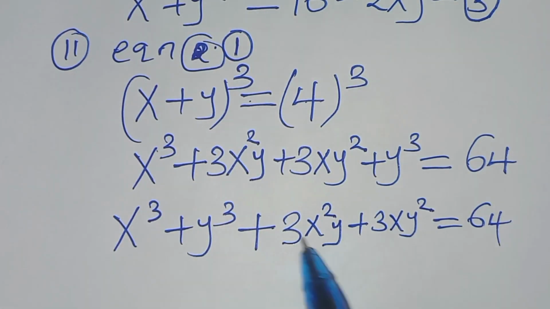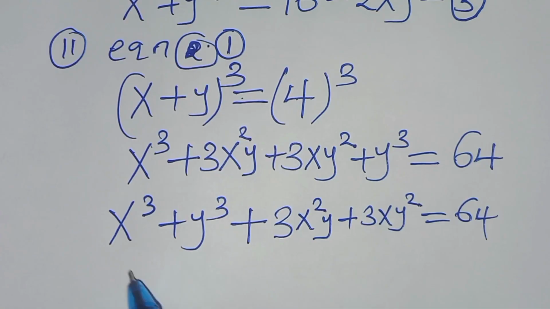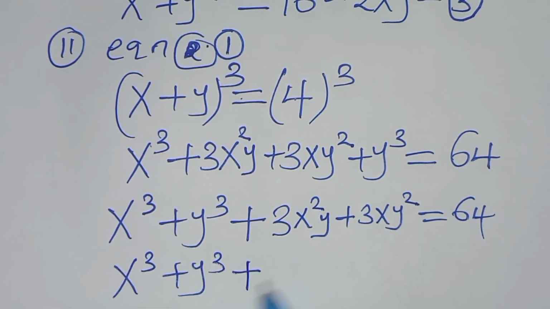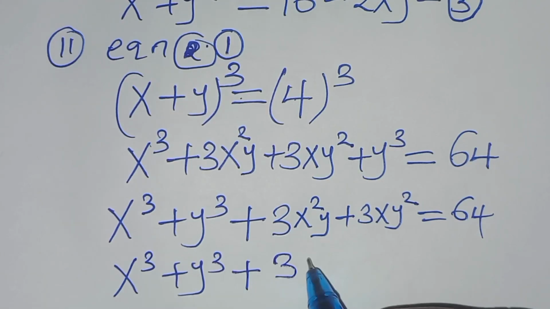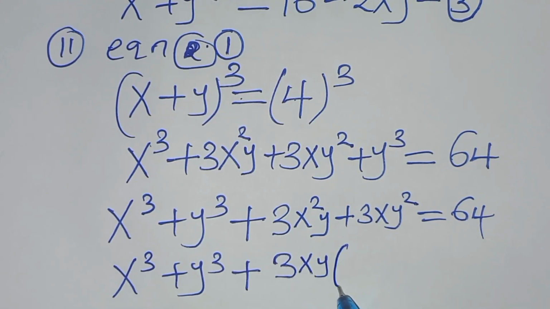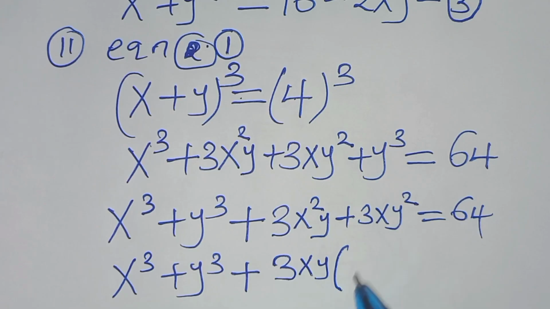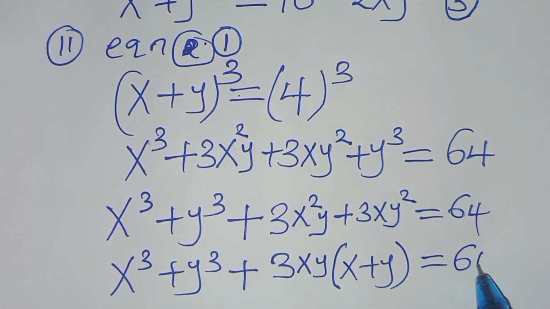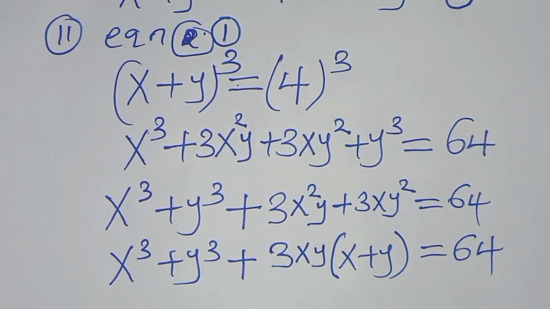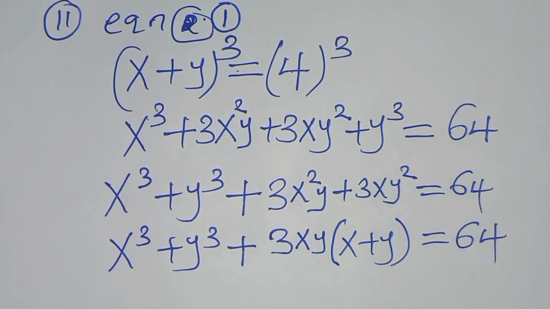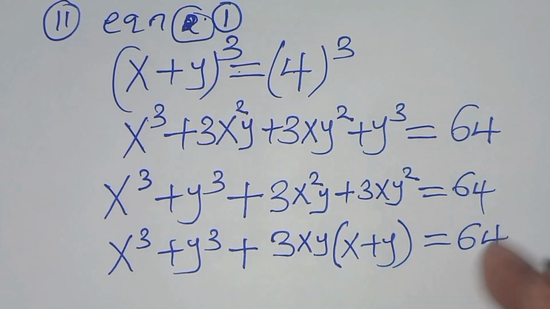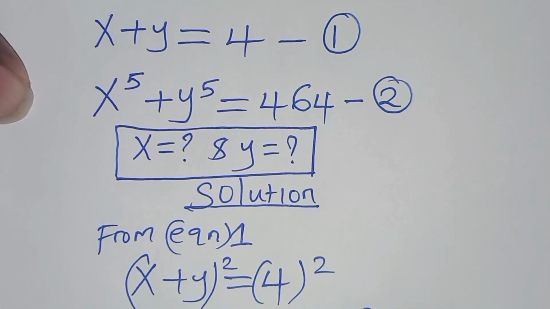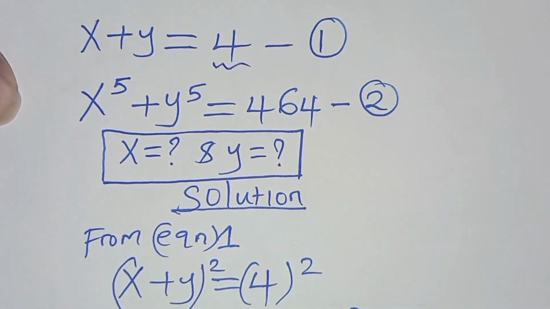But we can factor out xy. So we have x to power 3 plus y to power 3, plus 3xy times x plus y, which is equal to 64. The next step is that x plus y from equation 1 is equal to 4. So let's substitute this.